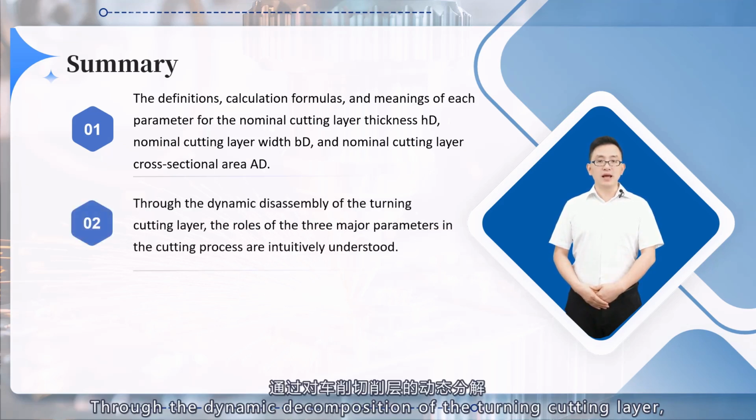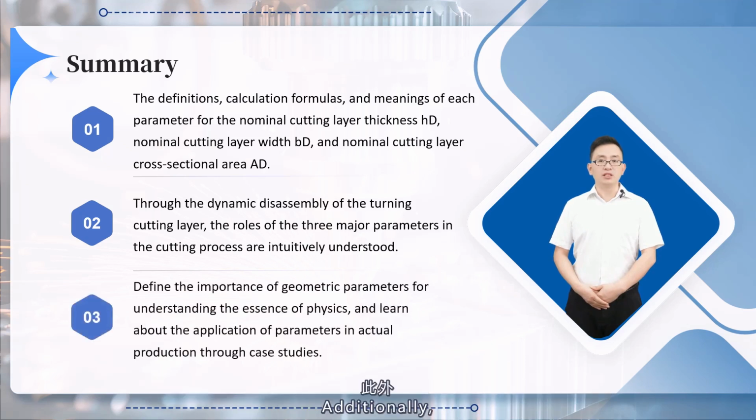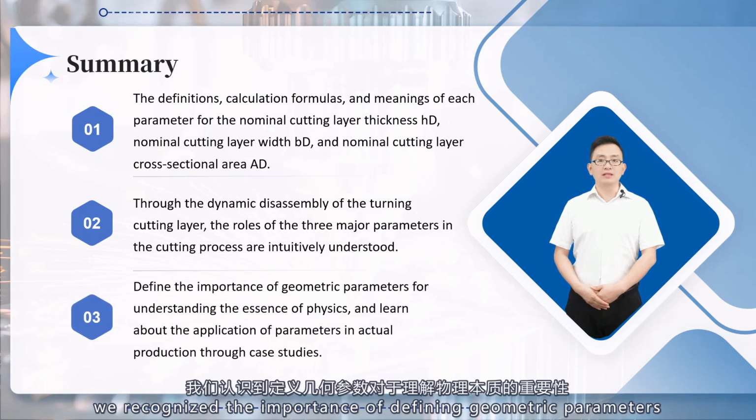Through the dynamic decomposition of the turning cutting layer, we gained a more intuitive understanding of the role of these three parameters in the cutting process. Additionally, from an ideological and political perspective, we recognize the importance of defining geometric parameters for understanding the physical essence.